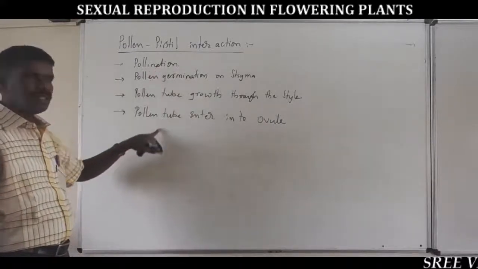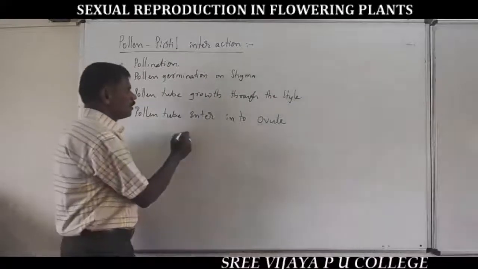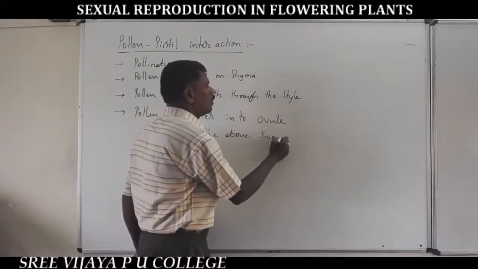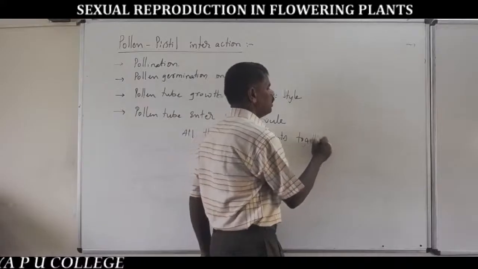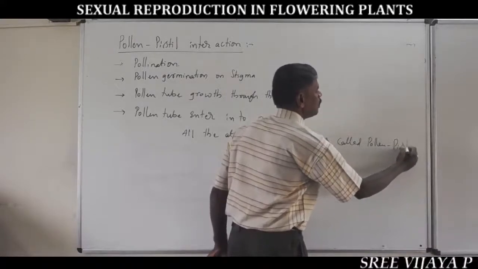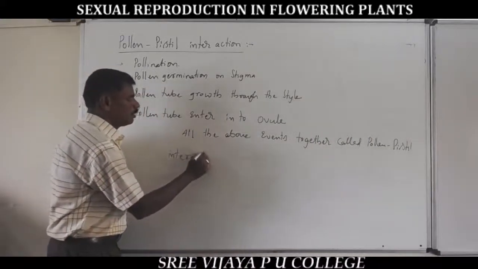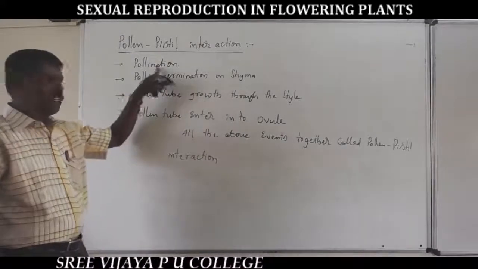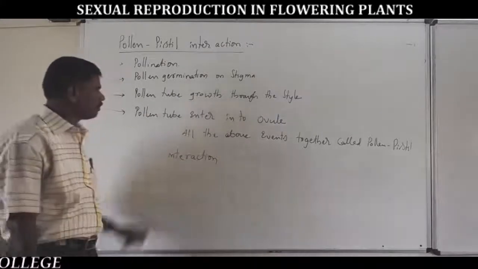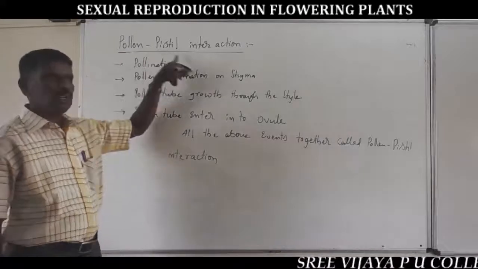So these four events combine together and are called pollen-pistil interaction: pollination, pollen germination on stigma, pollen tube growth through style, and pollen tube entering into the ovule.